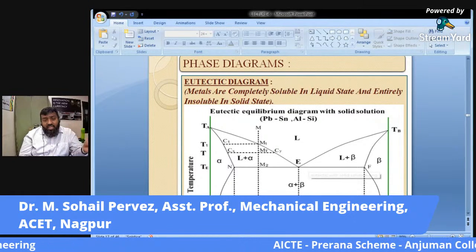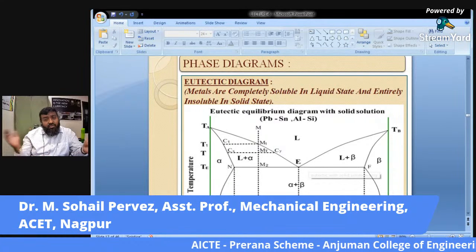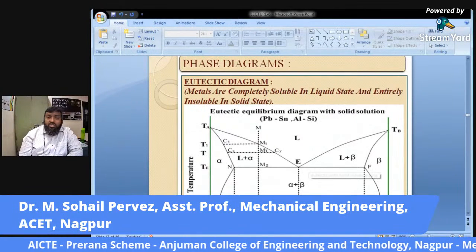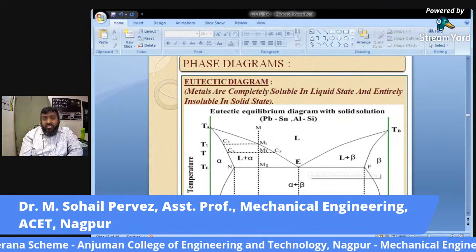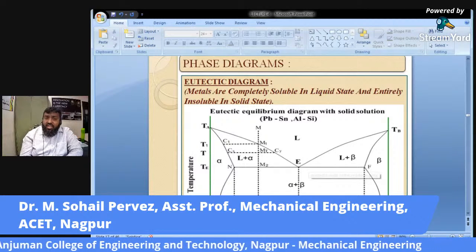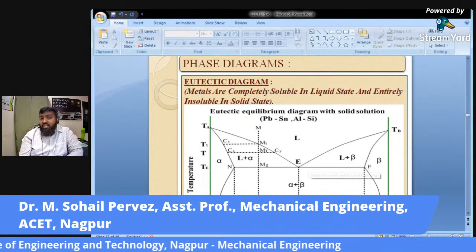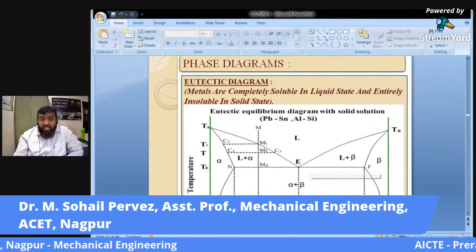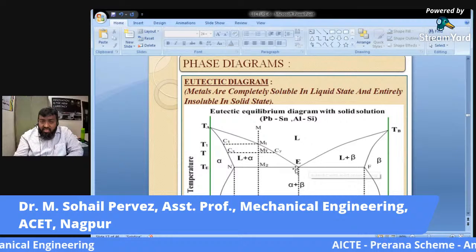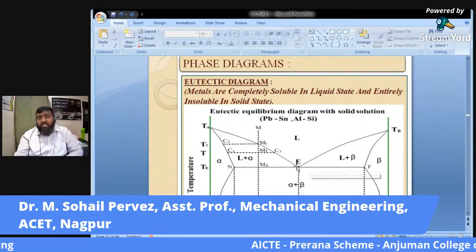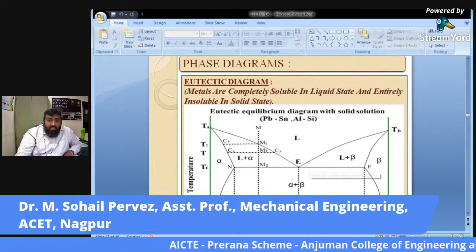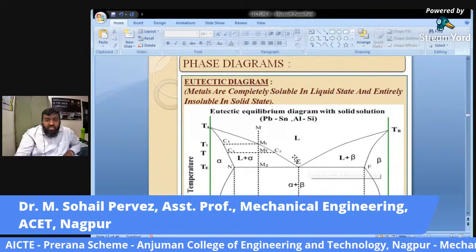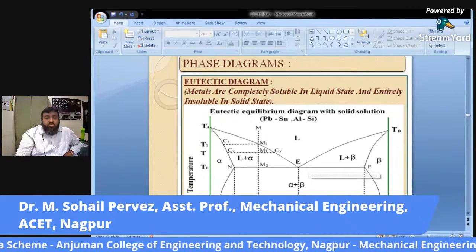Alpha for, say, A element and beta for B element. Because these two solid states or phases will always be there as the metals are insoluble in solid state. Now, here lies the point E, known as eutectic point. The temperature is known as eutectic temperature. The composition is known as eutectic composition.